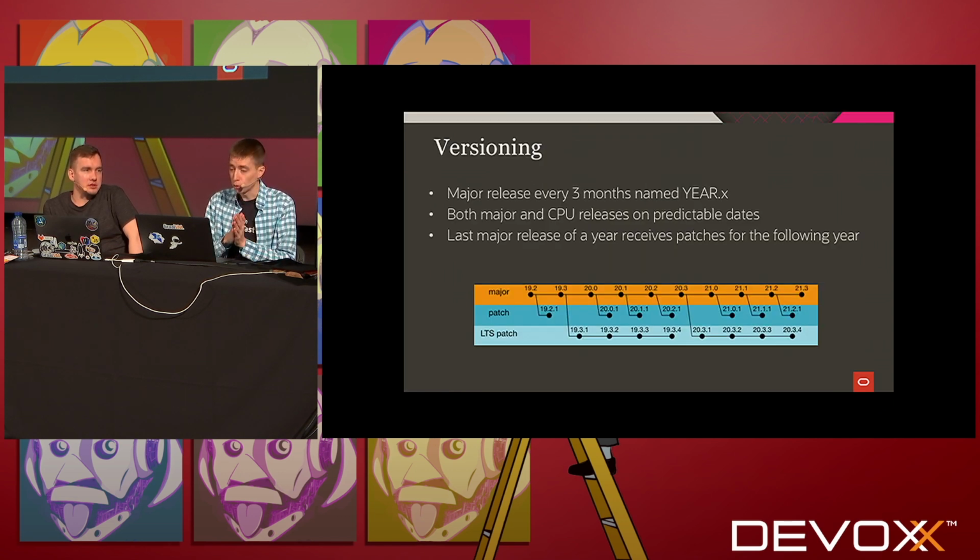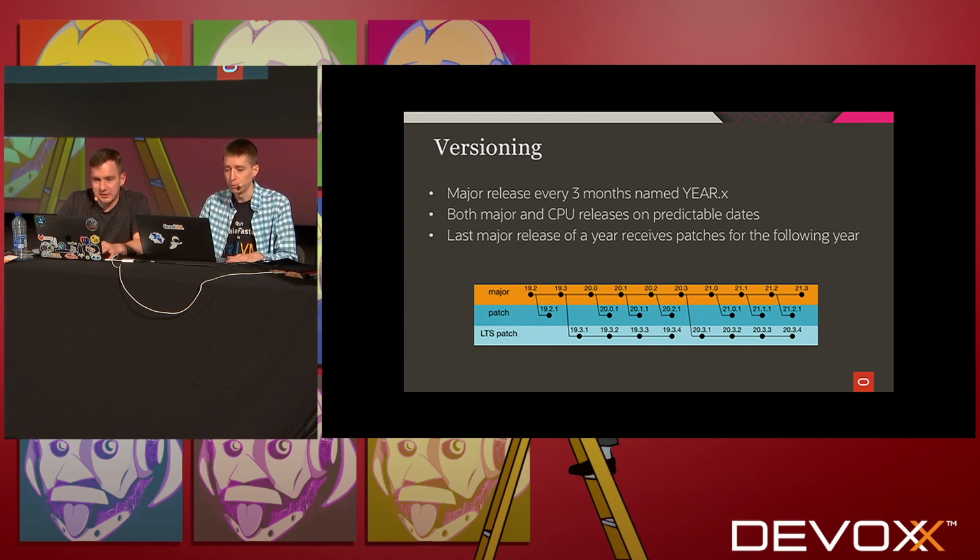Our versioning for GraalVM, we were going back and forth on this for some time in the project. We have now settled on this versioning scheme that we think will fit most scenarios. We are doing major releases every 3 months, scheduled on a fixed date, so you will know in advance. You can go to our website and look up when that release will come.